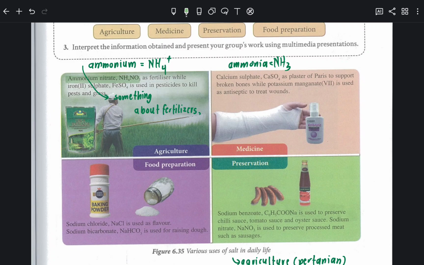Faham tak? Usually the farmer, the people active in the paddy field, use a lot of iron 2 sulfate to protect the harvest, padi mostly. I don't know what padi is in English. Can anyone comment in the comment box maybe?